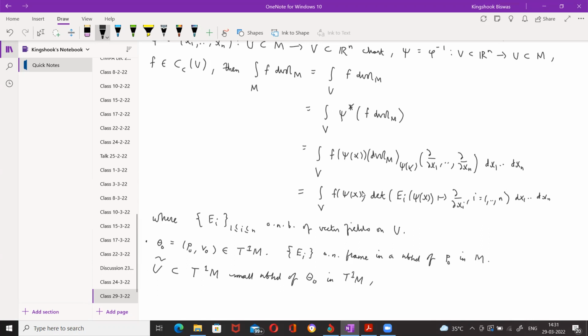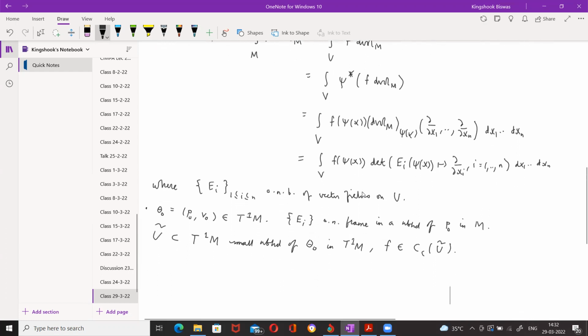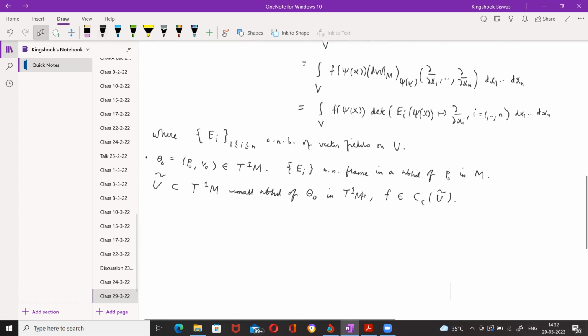And now I take F to be a function with compact support in U tilde. All right, so I want to compute the integral of F with respect to the volume measure of T^1 N. Okay, so how do I do this? So first I need coordinates on U tilde, right? So how do I get coordinates on U tilde? I take U to be pi of U tilde.